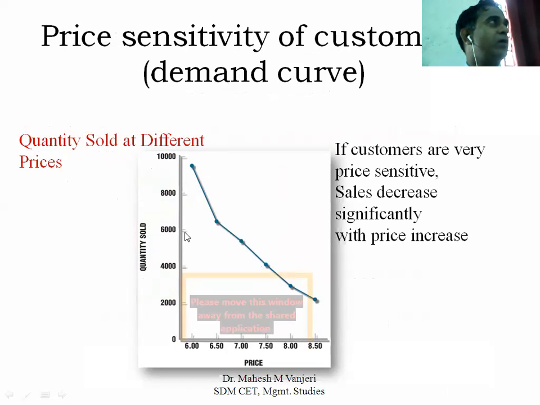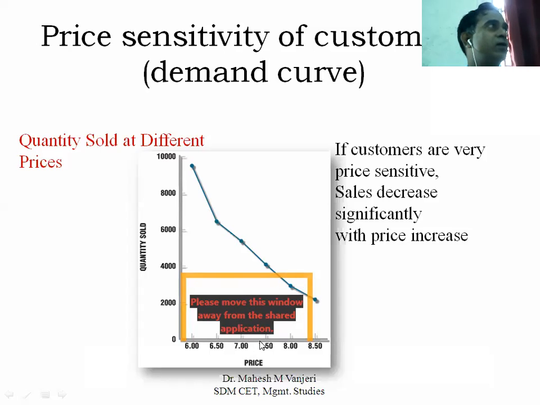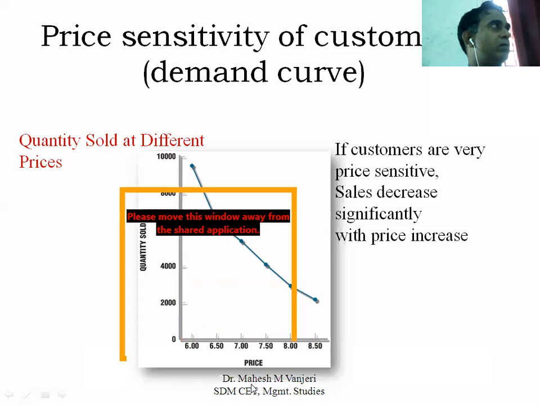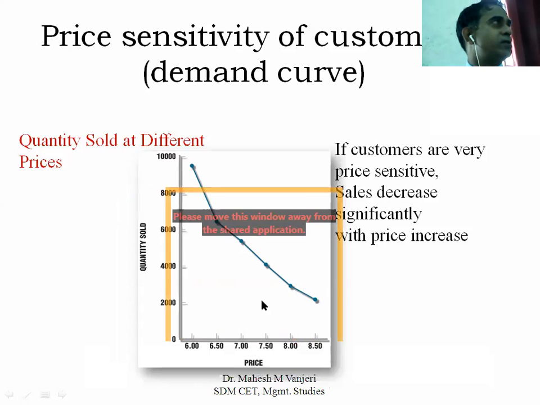Along the y-axis it is the quantity sold, 0 to 10,000 units. And along the x-axis it is the price.